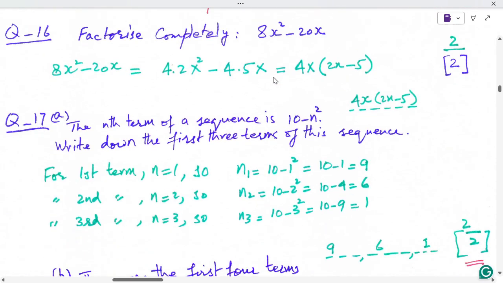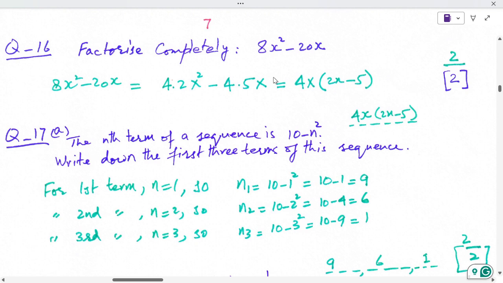Question 16 is of simple factorization, and we know that in factorization we have to take out the commons and multiply them.